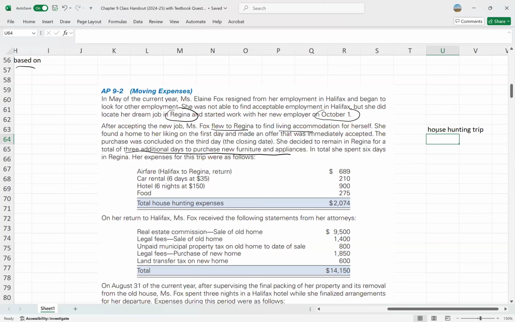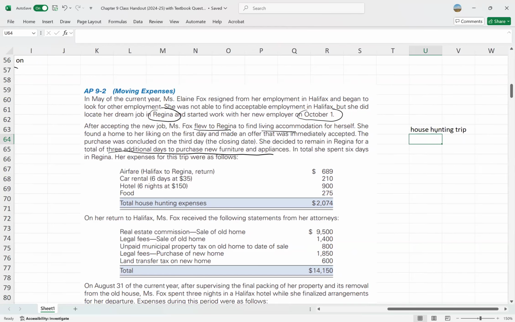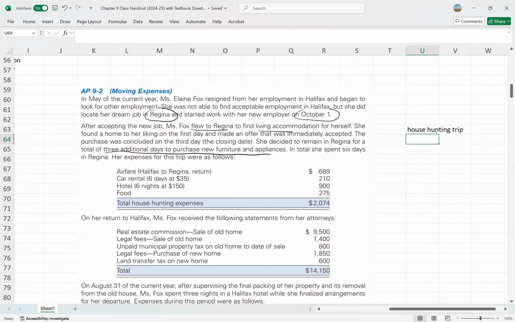And now we've got to figure out, okay, for the house hunting trip, the flight, those amounts are not deductible. But for the days after she confirmed her new home, those days' meals and lodging were qualified. Now, it says that the purchase was concluded on the third day.